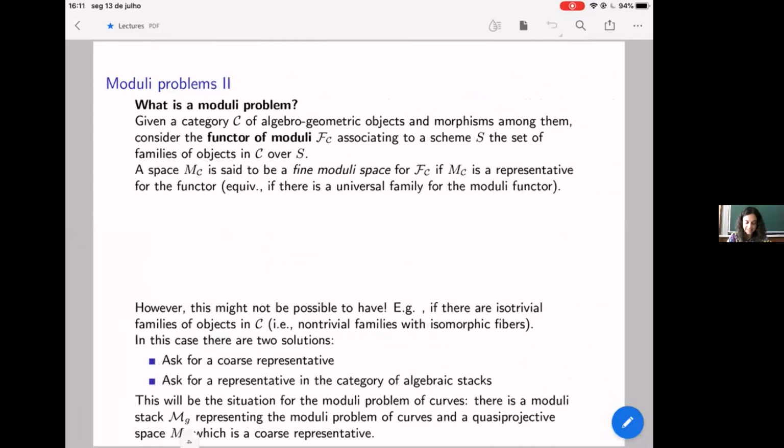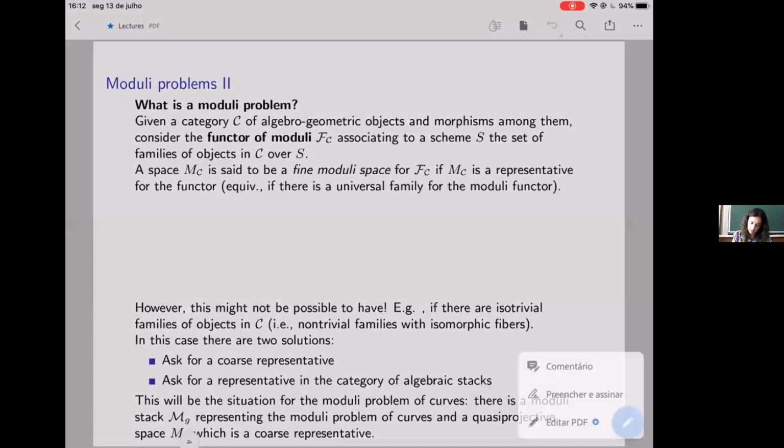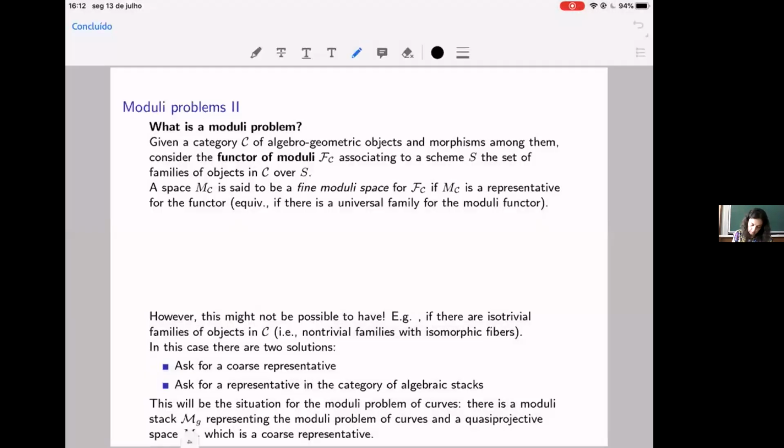Now let me be just a little bit more precise by discussing with you what a moduli problem is. So how do we set up a moduli problem precisely? We start by fixing a category C of algebraic geometric objects and morphisms among the objects. And we consider a moduli functor associating to a scheme S the set of families of objects in the category over S. So let me write down the functor over here.